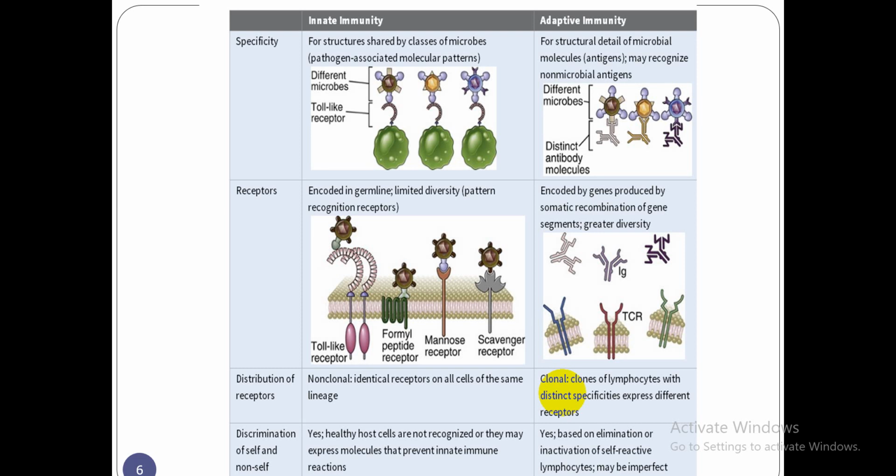So the distribution of receptors in adaptive immunity is clonal, but this distribution is non-clonal in innate immunity.